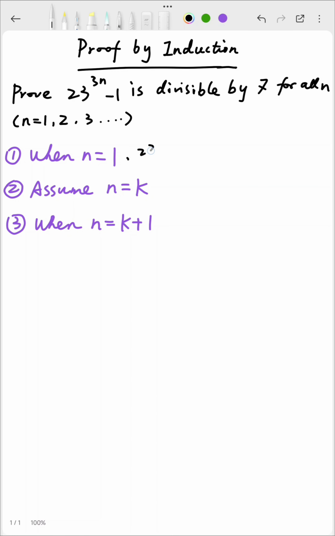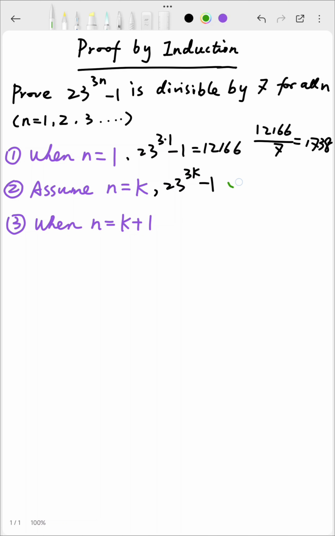Let's come back to this question. When n equals 1, we substitute n with 1. And it turns out this number can be divided by 7 because it gives us an integer. The next step is to assume when n equals k, this expression is divisible by 7.